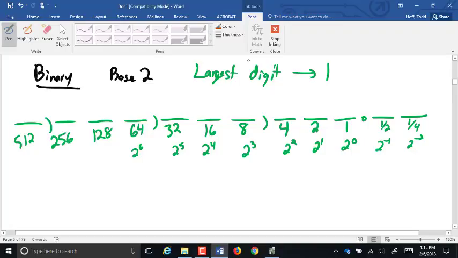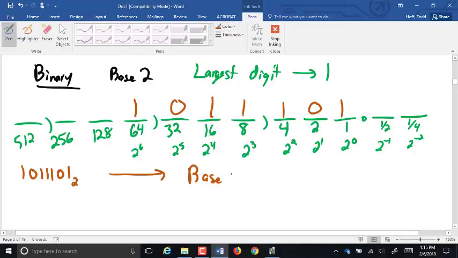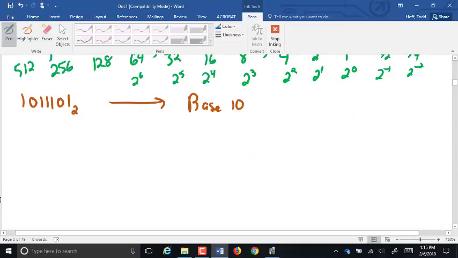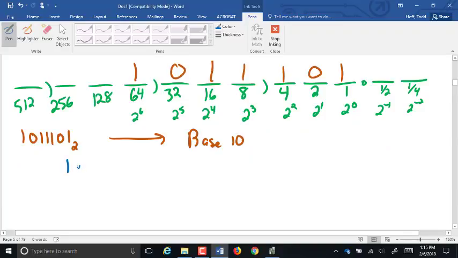So the binary number 101101. That little 2 again indicates it's binary. Converting that into base 10. The first 1 is in what place value? 64. So 1 times 64 is 64. That 0 doesn't matter.